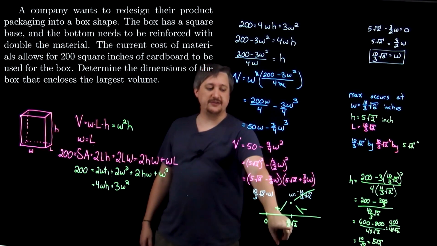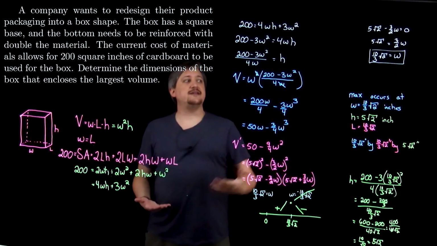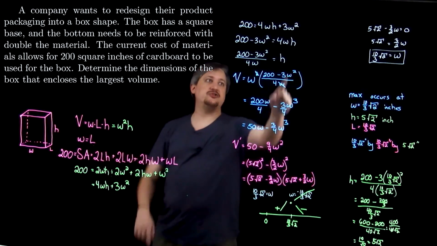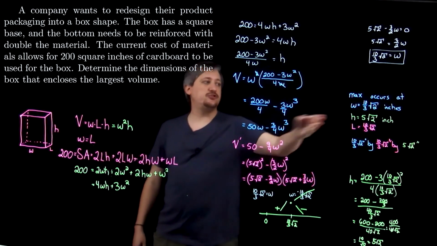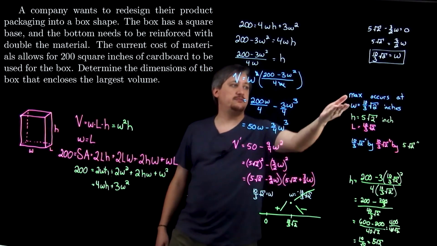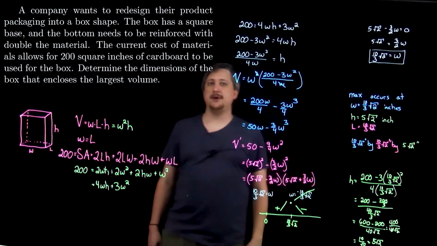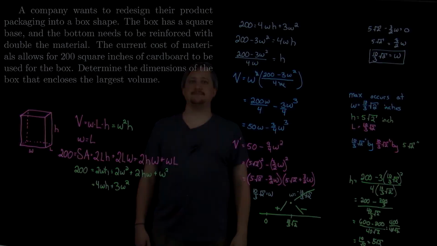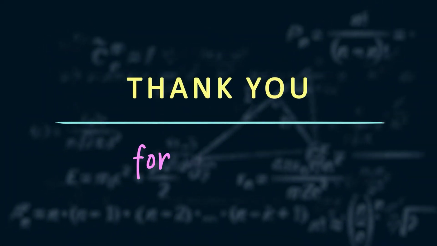I found the max at this value, and then use that to get all the other values. So I had W, which gave me L, and then I just had to actually calculate H. That got me H, L, and W, dimensions of my box. So that is that.